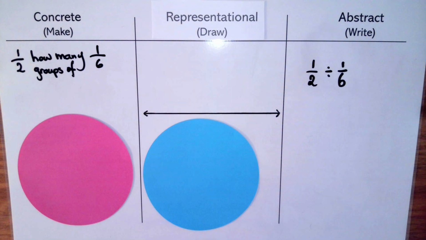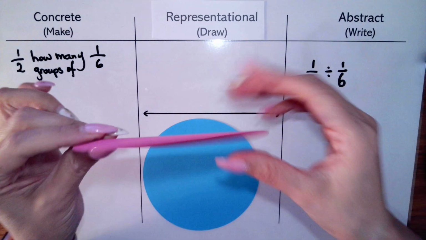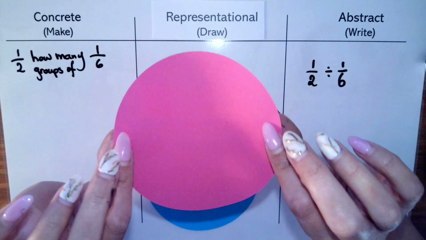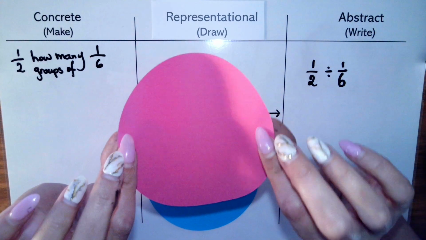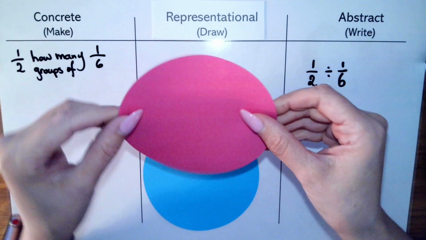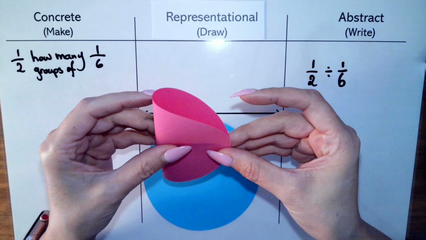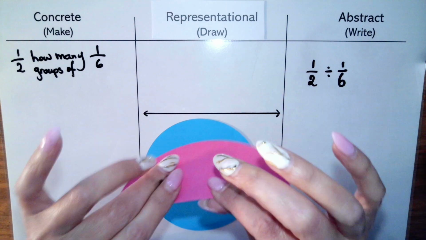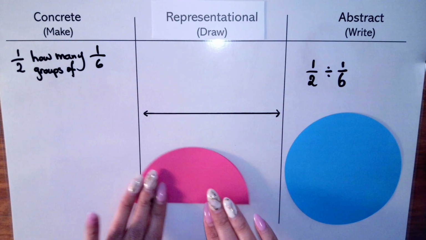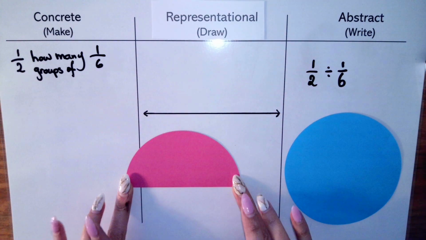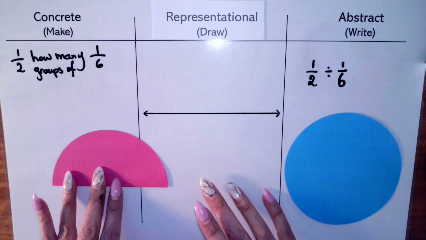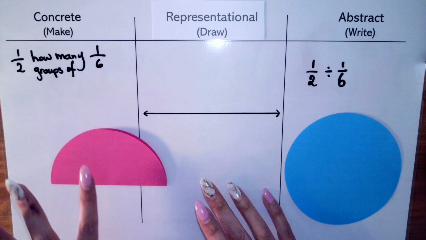So first off, as always, I want to start with my first fraction, and that is 1/2. So I want to say, if I had 1/2, how many 1/6 will fit into my 1/2? So the first thing I want to do, and you might see why using circular paper works so well in this particular problem. So here's my 1/2. I want to know how many 1/6 will make up my 1/2.